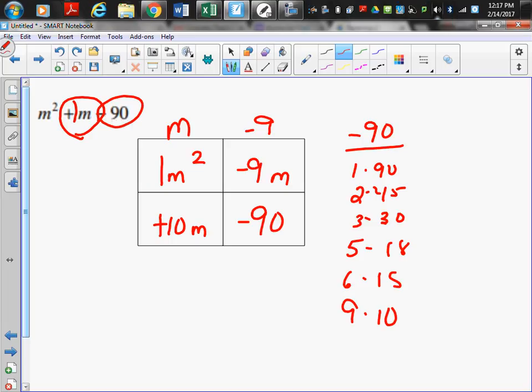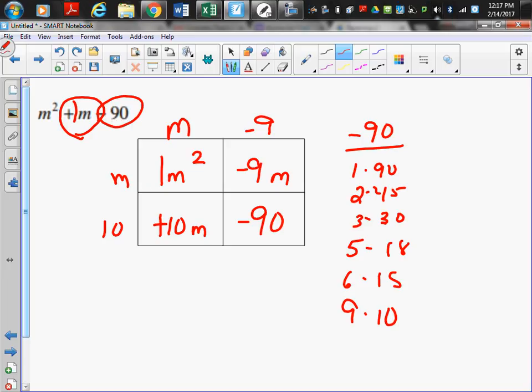Going east and west, we have an m. East and west, we have a 10 and 90. Both can be divided by 10. So they have a 10 in common.